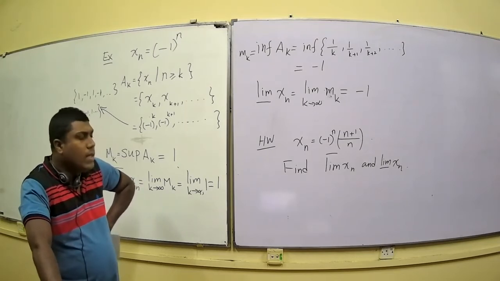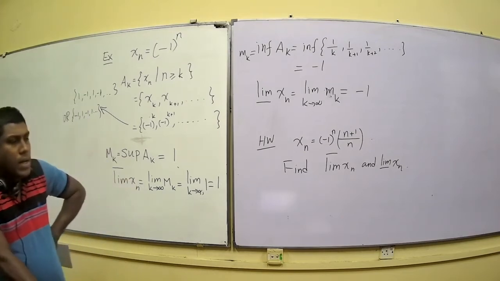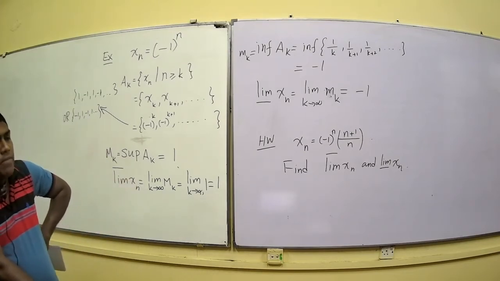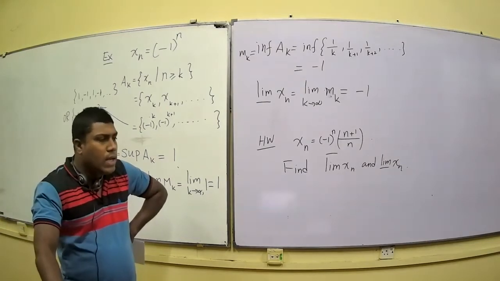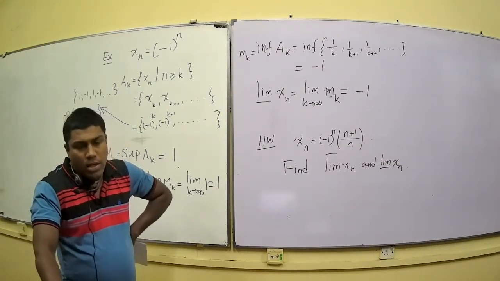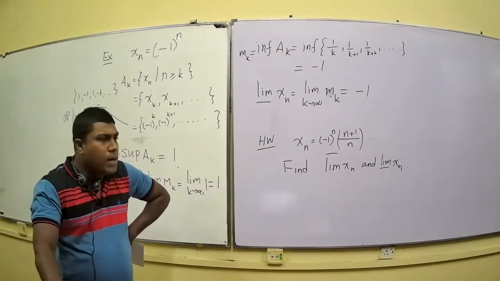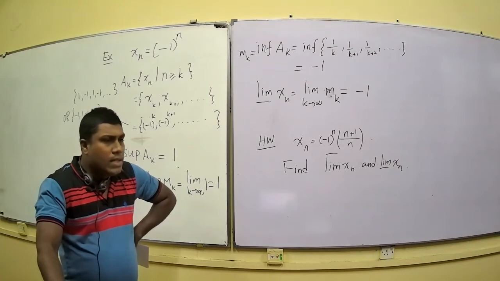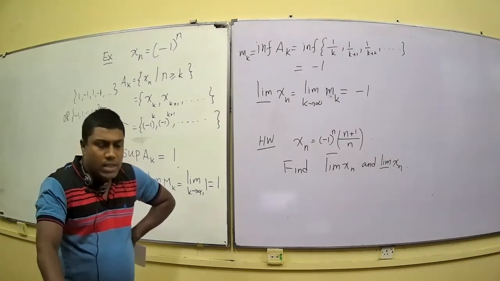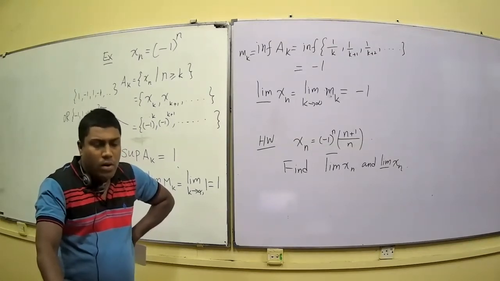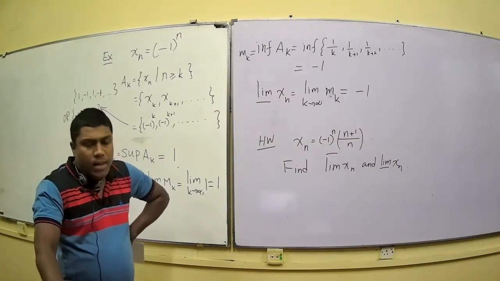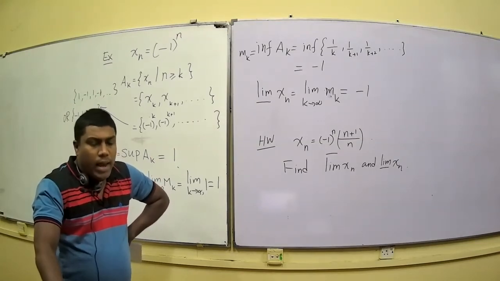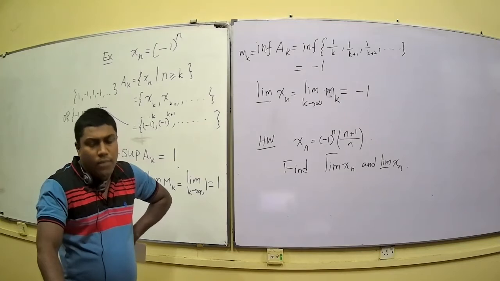In one example we have seen that lim sup and lim inf are equal, and they are actually equal to the limit of the sequence. In another example, (-1)^n, we already know the limit does not exist, but it has a limit supremum and limit infimum, and both are different.